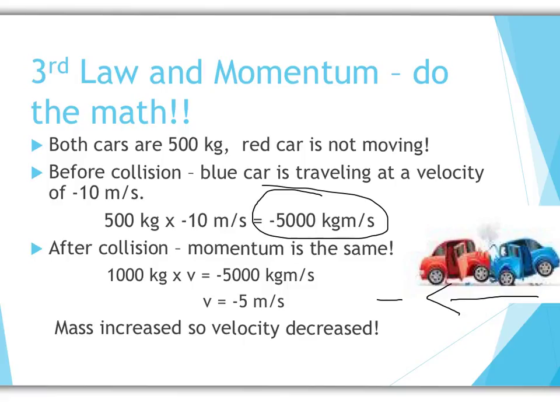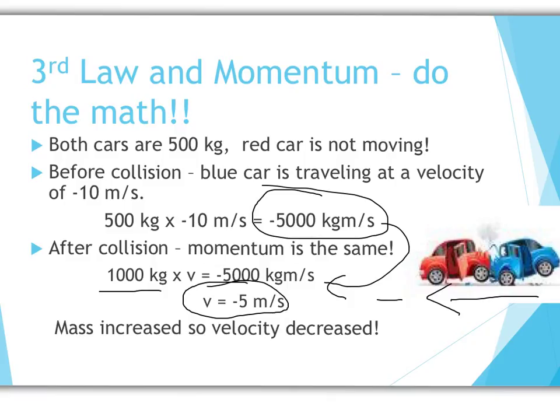Now after the collision, momentum stays the same. So we just plug that in down here. What's going to happen to those cars after they collide? Well, now the mass has gone up, because you've got two cars instead of one. So we have 1,000 kilograms. If we plug stuff in and divide, we get a velocity of -5 meters per second.